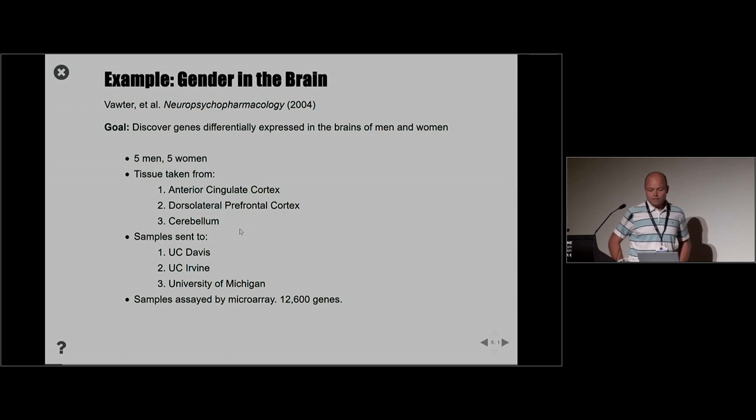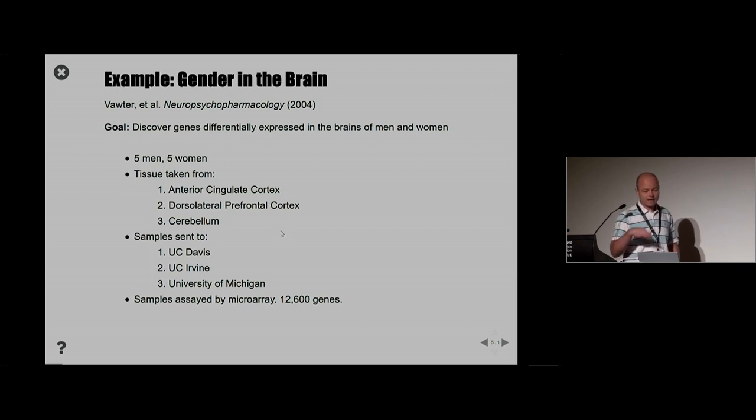So here's the data set that I want to introduce. It's a gene expression data set. The original purpose was part of a study in which the researchers wanted to discover genes that were differentially expressed in the brains of men and women. So the study design was they had 5 men and 5 women post-mortem, and for each of these 10 people, they took 3 tissue samples: one from the anterior cingulate cortex, one from the dorsolateral prefrontal cortex, and one from the cerebellum.